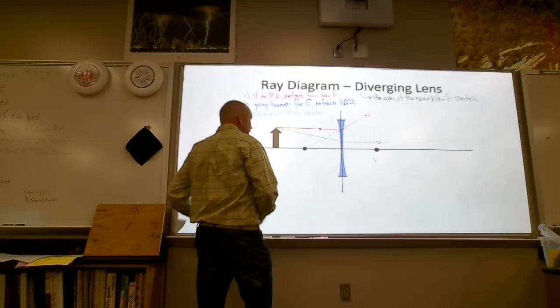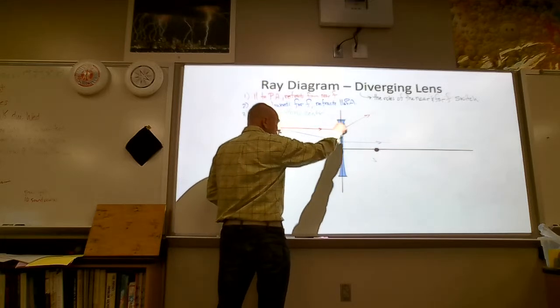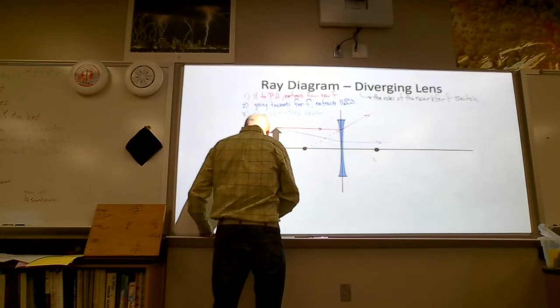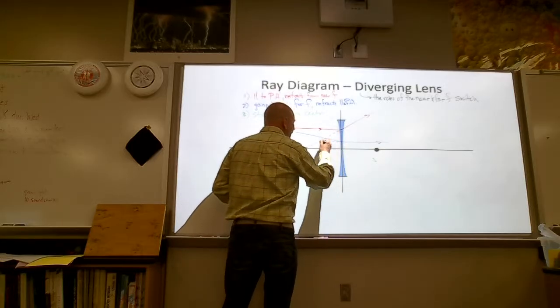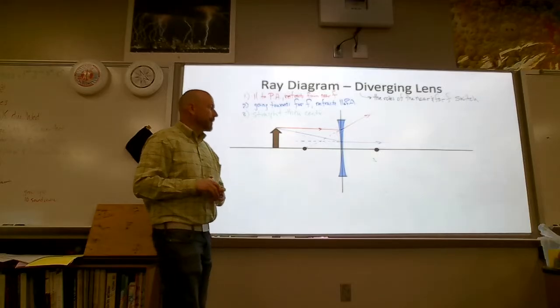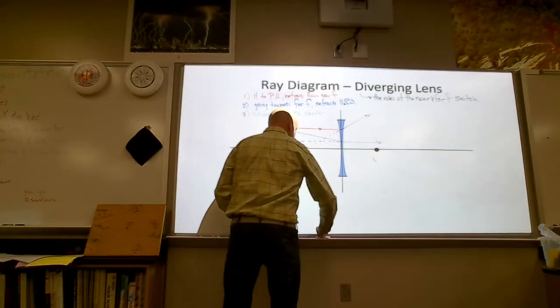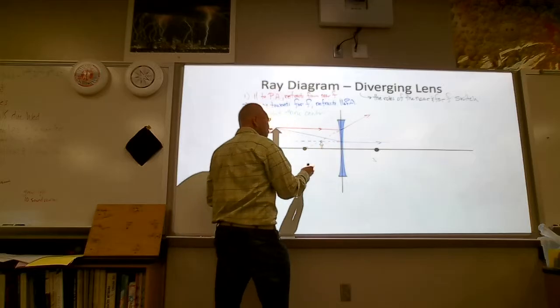We need to extend the refracted rays backwards. This one's nice. The red one goes along this line. The blue one extends back parallel. And the green one's just there. The point of intersection is right here.